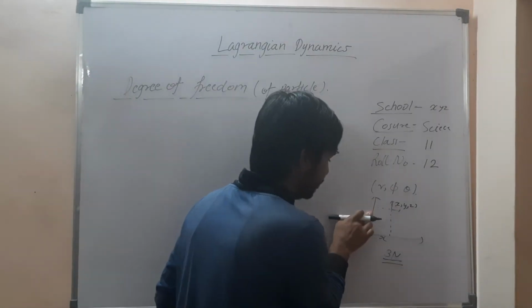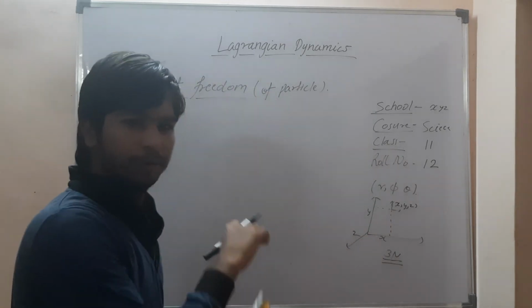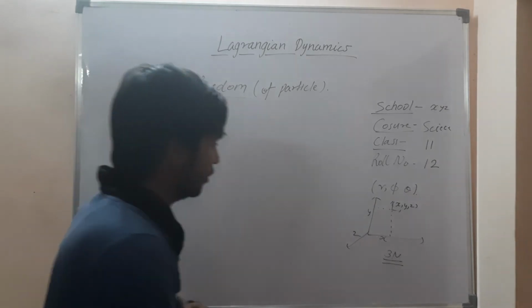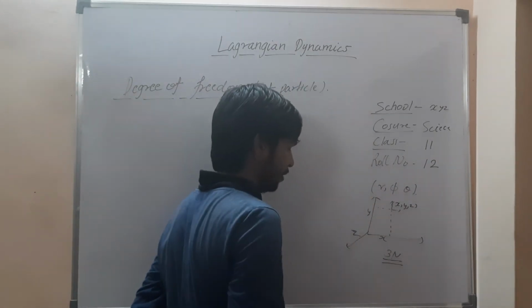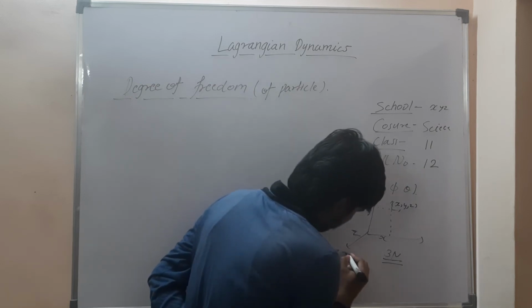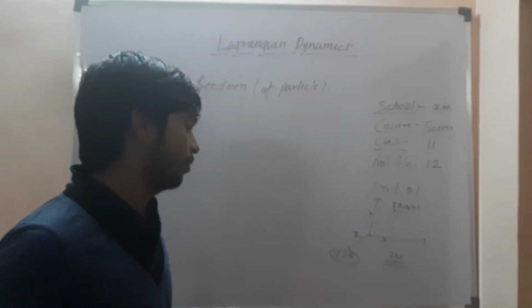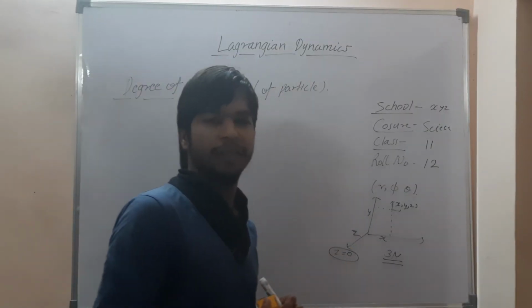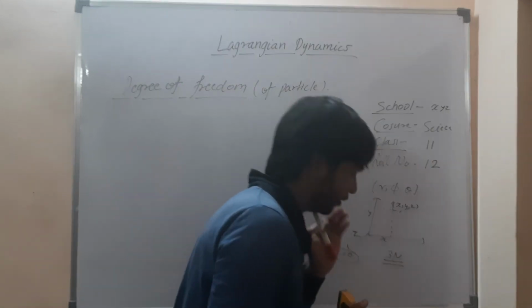Okay, let me take y is z. Sorry, otherwise that coordinate system will be disturbed. For this one, let me say the particle will not move in the z direction, meaning the z coordinate is 0. What does that mean? The particle is moving in the xy plane now.